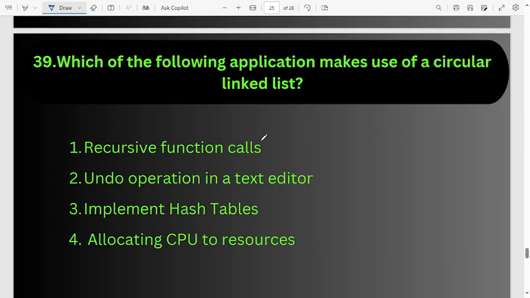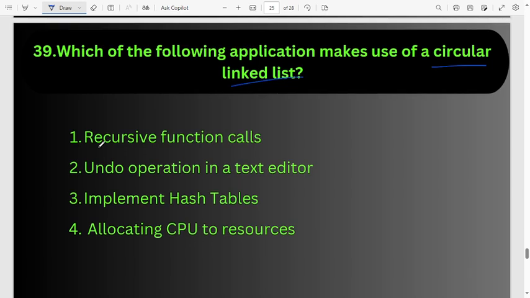Which of the following applications makes use of a circular linked list? Circular linked list is used in recursive function calls, undo operation in a text editor, implement hash table, allocating CPU to resources. The correct answer will be this one, allocating CPU to resources.